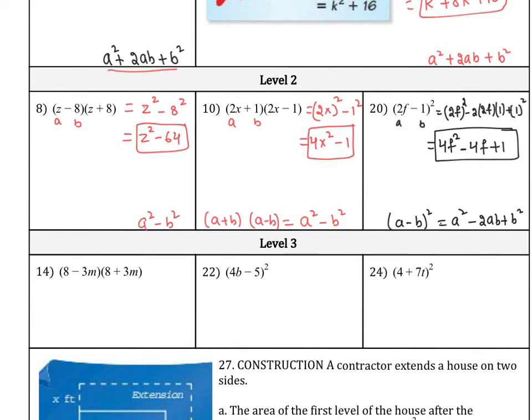So a² means (2f)², minus 2ab means negative 2 times 2f times 1, plus b² means 1². (2f)² means 4f², 2 times 2 would be 4f, plus 1² means 1. So the answer is 4f² − 4f + 1.